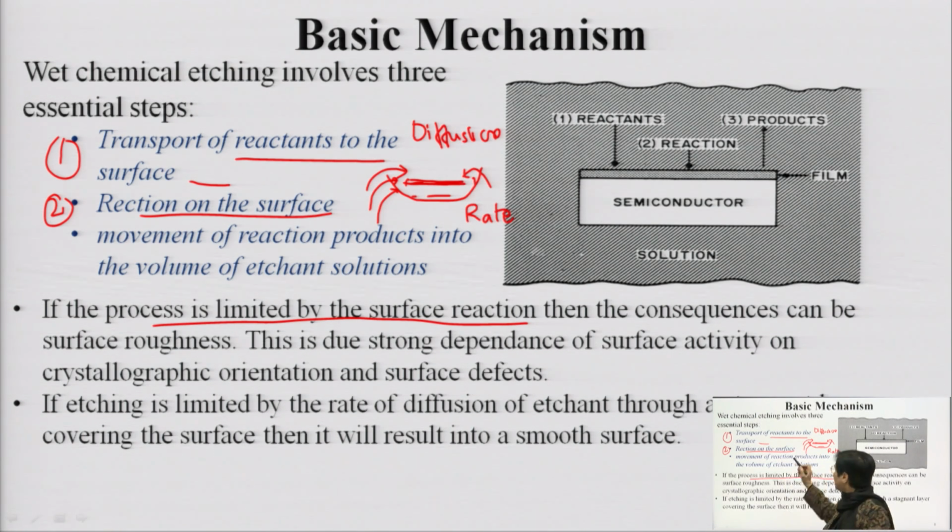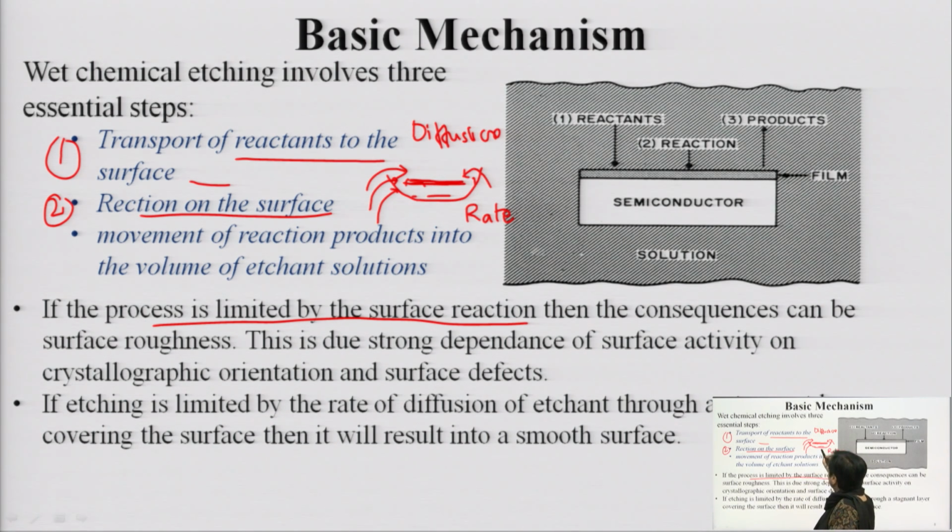Until the species are available, the reaction happens and there is a stagnant layer; the reaction is limited by diffusion, because there are no other species available for carrying out the reaction further.